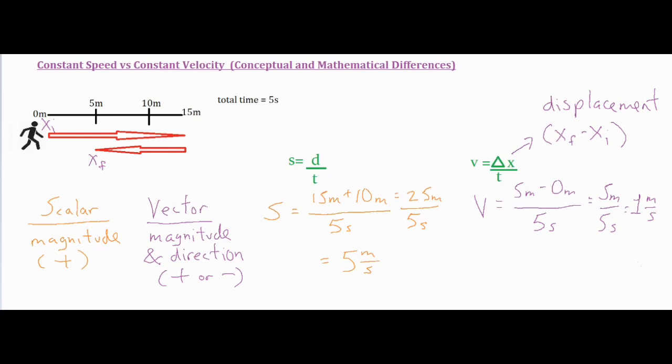Another way to look at it would be that if you were to travel 1 meter per second, which is traveling forward 1 meter every second for a total of 5 seconds, where would that leave you? If you traveled 1 meter every second for 5 seconds, that would take you forward 5 meters.